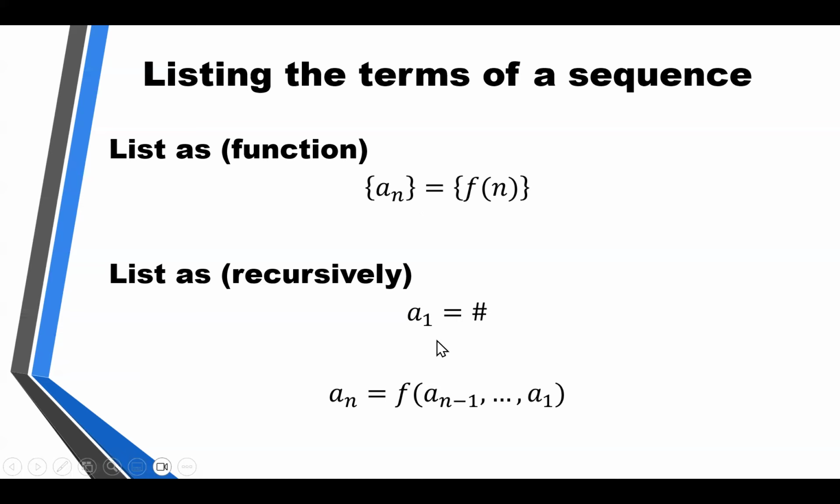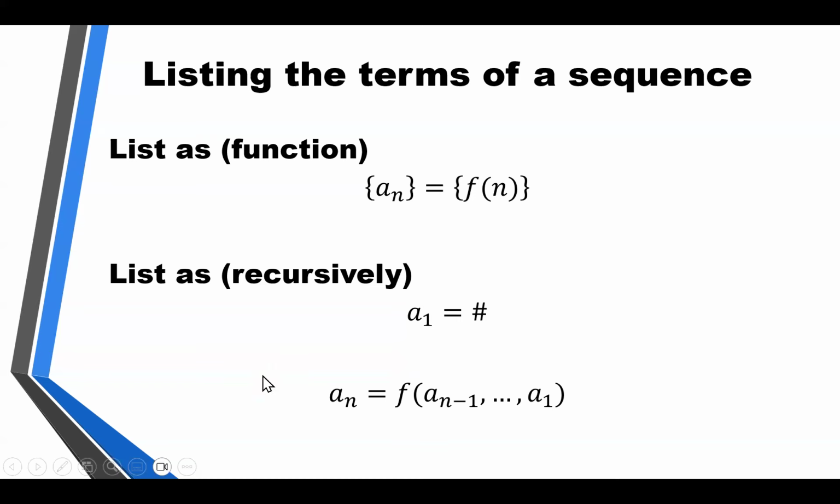You can also define a sequence recursively, where in this case, I set my first term equal to a number, and then every next term is going to be determined by a function of the previous terms. So I let my first number be, let's say, the number 1, and then my second number is double the previous one.